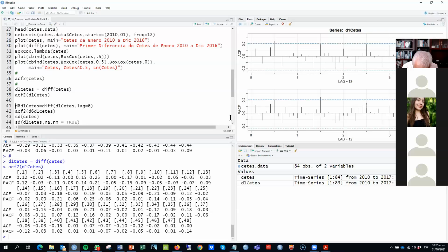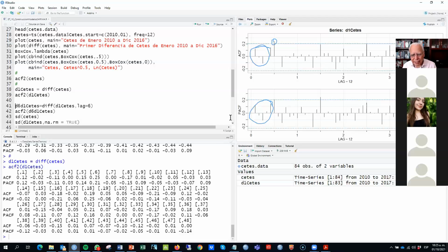The ACF has a significant lag at lag number 6. Okay, there's nothing before that. So in this area before lag 6, there's nothing, and there's nothing in the PACF either.